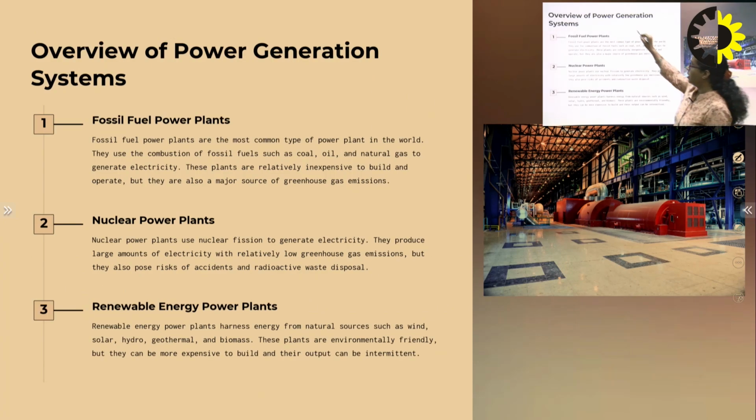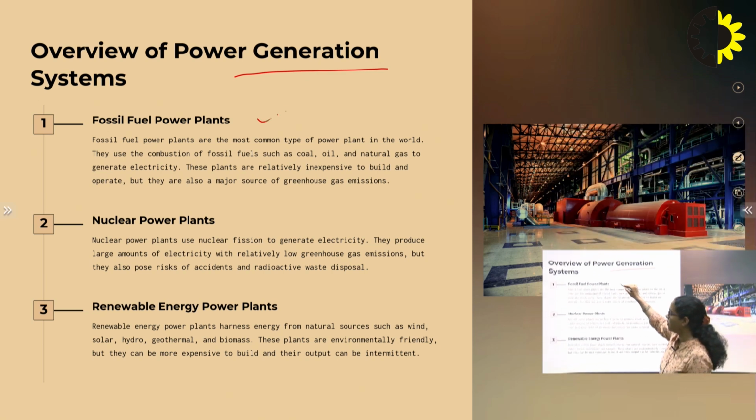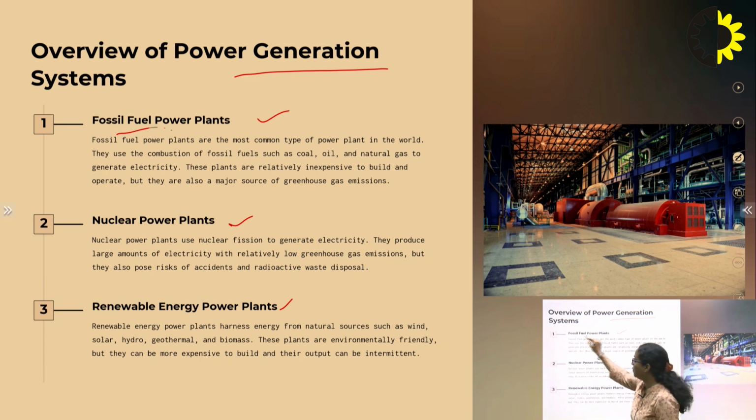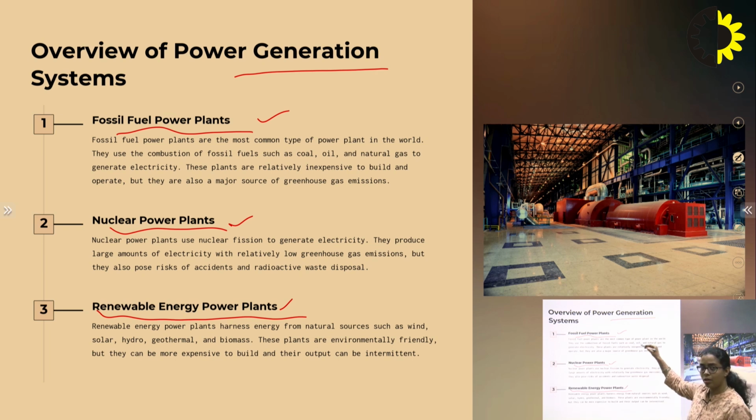So in the basic power generation system, here are some important terms that are very important to cover. First is fossil fuel power plants, second is nuclear power plants, and third one is renewable energy power plants. In the case of fossil fuel power plants, any solid fuel that is important for production of power is generally taken as coal.